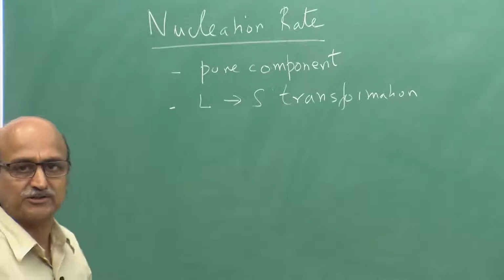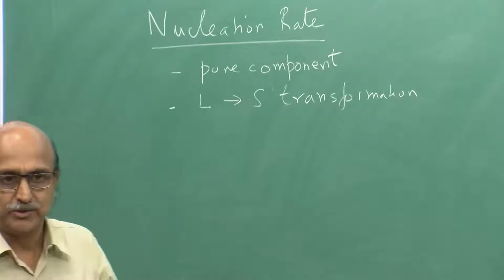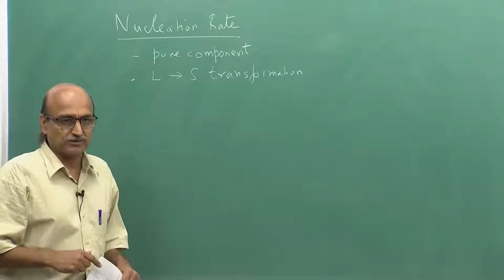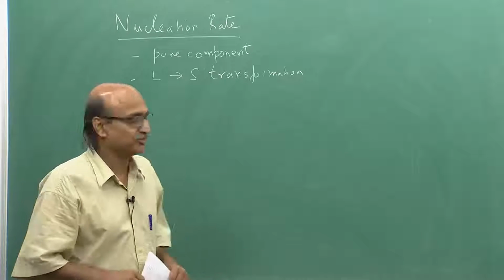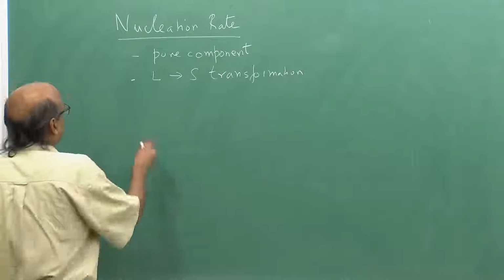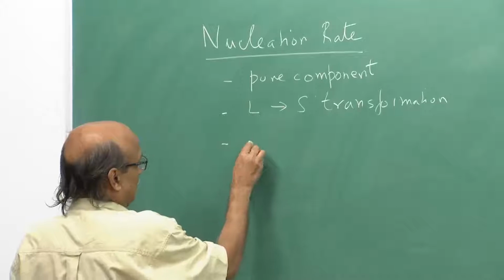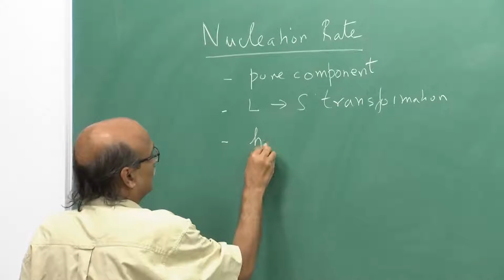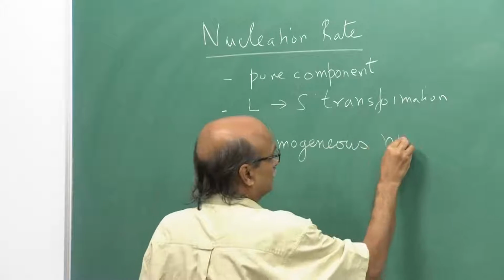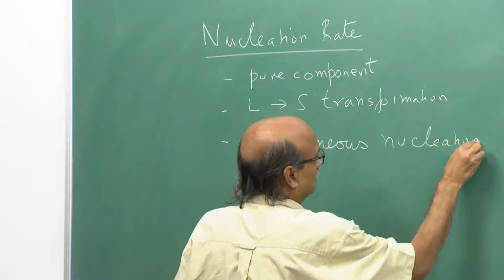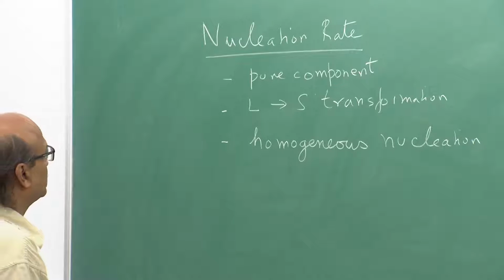So, we are looking at liquid to solid transformations such as nucleation of ice in water, or solidification of metals, where nucleation of a pure metal solid is taking place, and in this lecture we will be concerned with homogeneous nucleation.